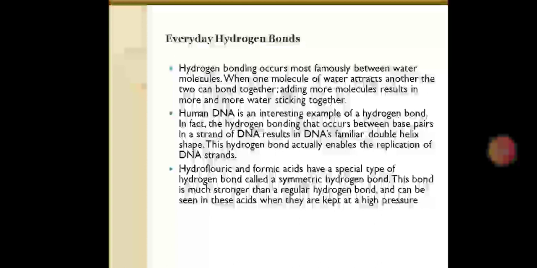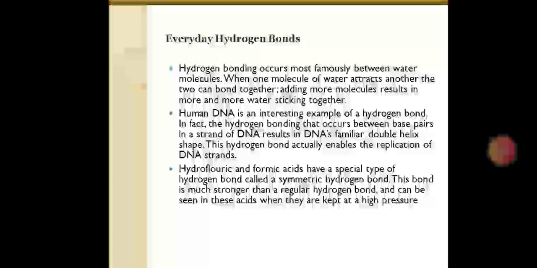For example, in DNA and in proteins, hydrogen bonds are present. Similarly, some compounds like hydrofluoric and formic acids have hydrogen bonds, and this is all about the applications of hydrogen bonds in our daily life.